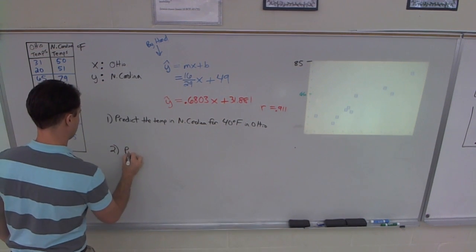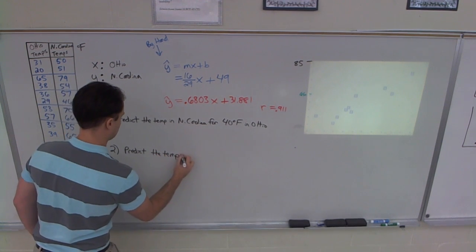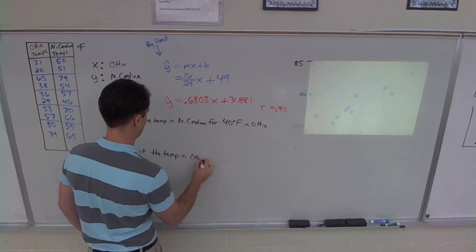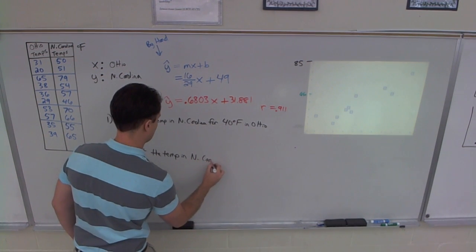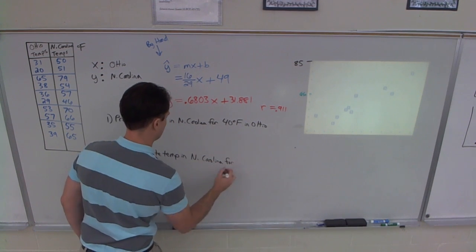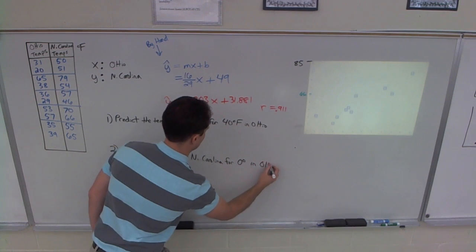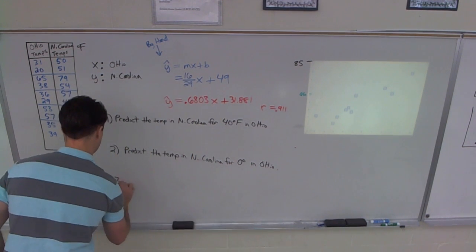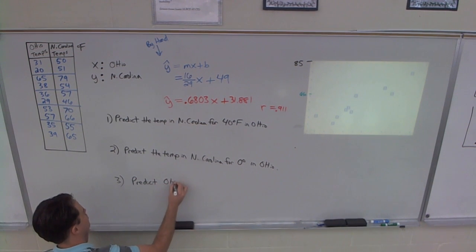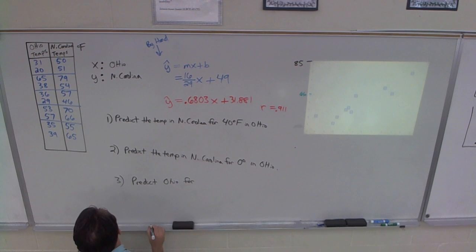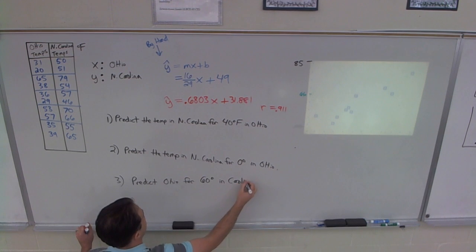Number 2, let's predict the temp in Ohio. Now let's do North Carolina first again, for 0 degrees in Ohio. And finally, let's predict Ohio for 60 degrees in North Carolina.